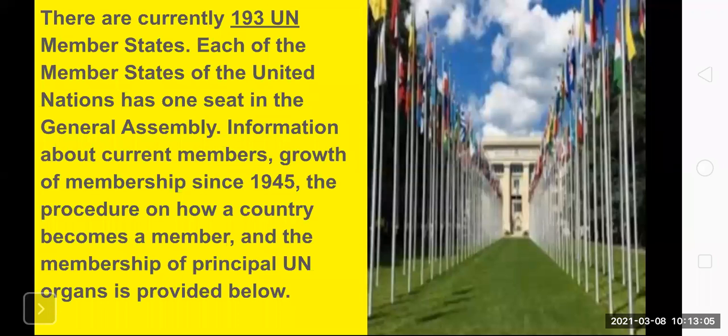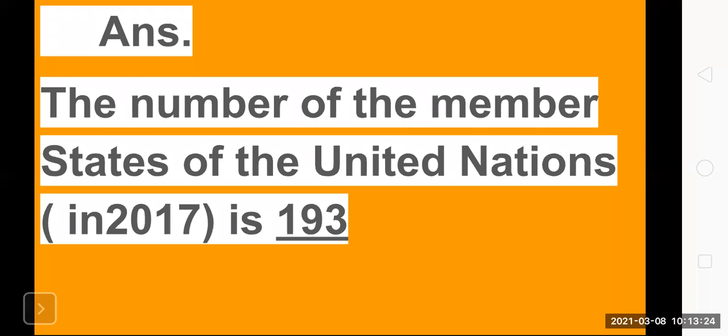Information about current members, growth of memberships since 1945, the procedure on how a country becomes a member, and the membership of principal United Nations organs is provided. Okay, it means the correct answer is: the number of member states of the United Nations in 2017 is 193.